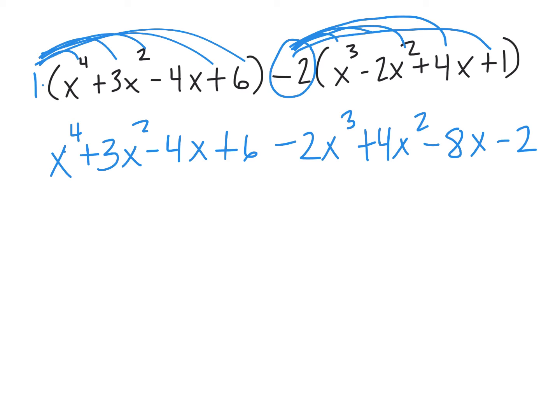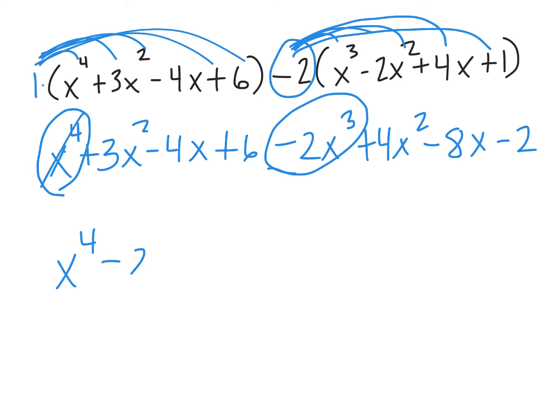Let's start with the highest exponent, x to the 4th. There's nothing else we can combine with x to the 4th, so we just bring it down. Then it's x cubed. There's only one term that has x cubed, so we bring it down. The next exponent is x squared, and there's 2 of those.